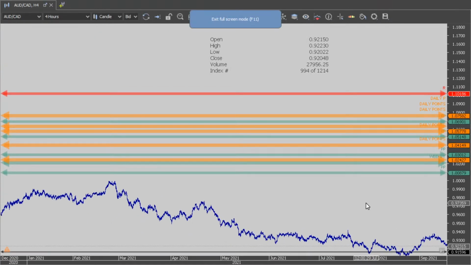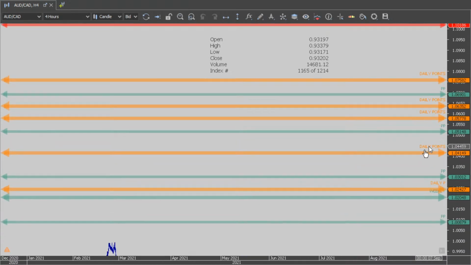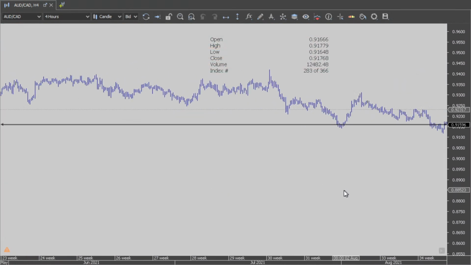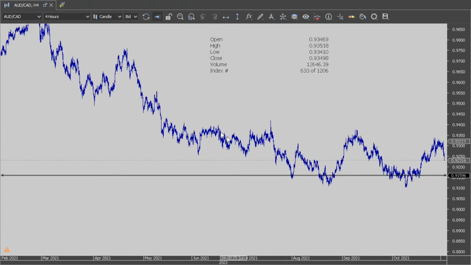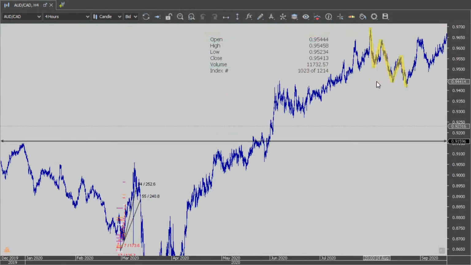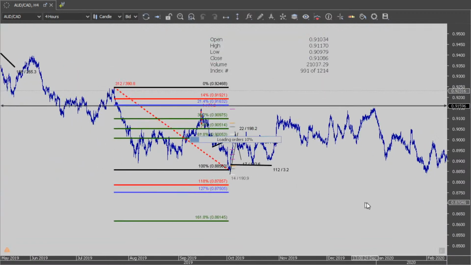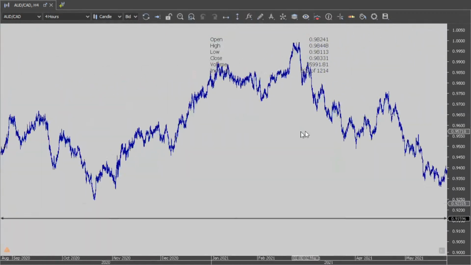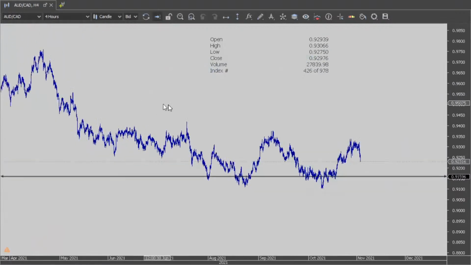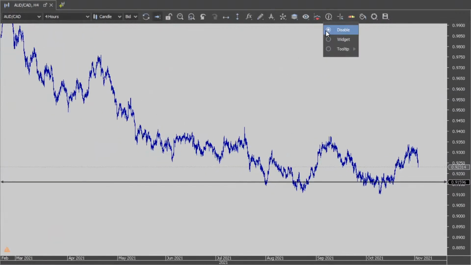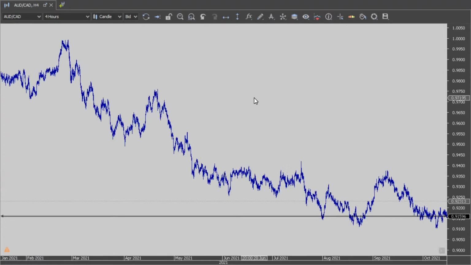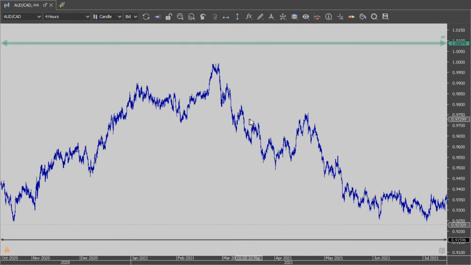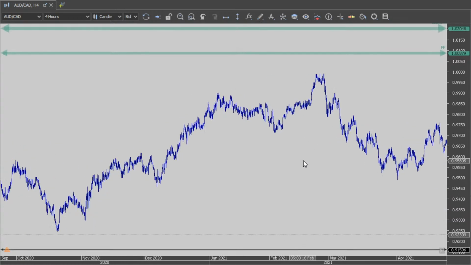And lastly, on the 4-hour chart, I'm not sure if I have the Fibonacci on the 4-hour chart. Yeah, I don't have it. But most likely it was up and then, most likely. So everything is aligned, right? Everything is aligned.